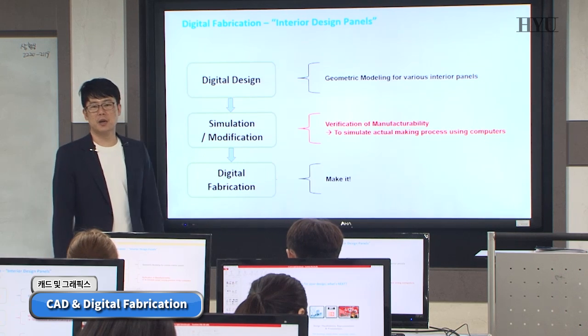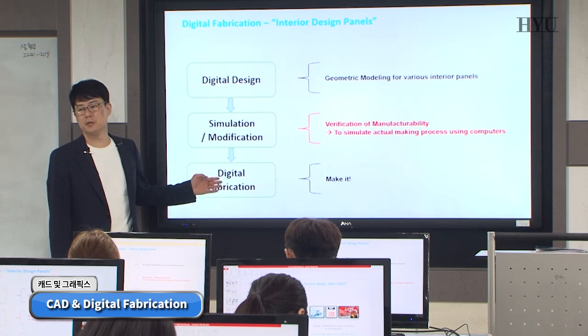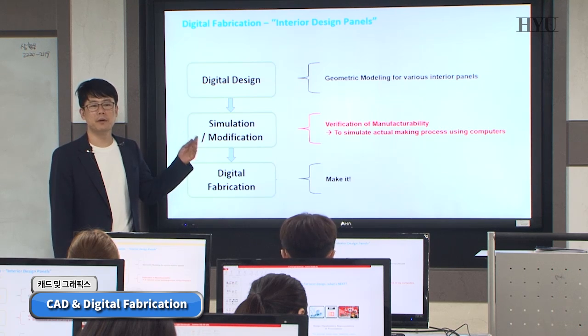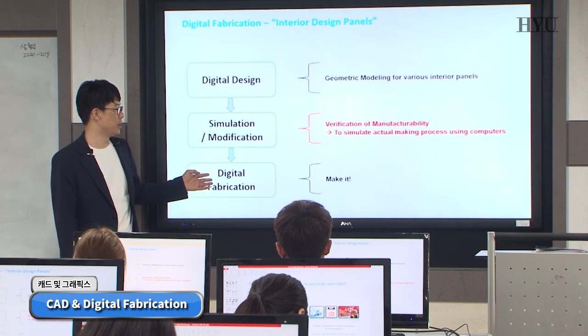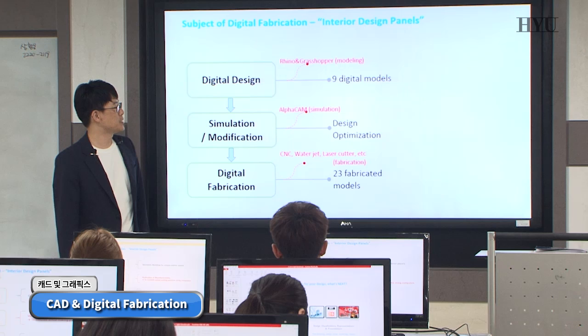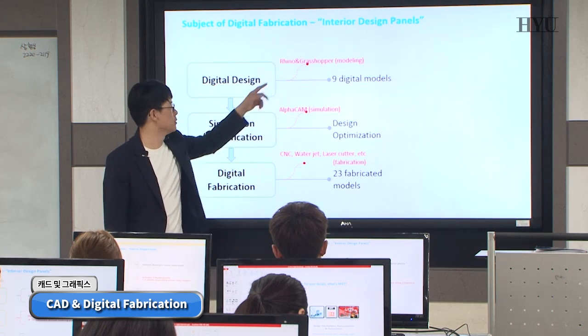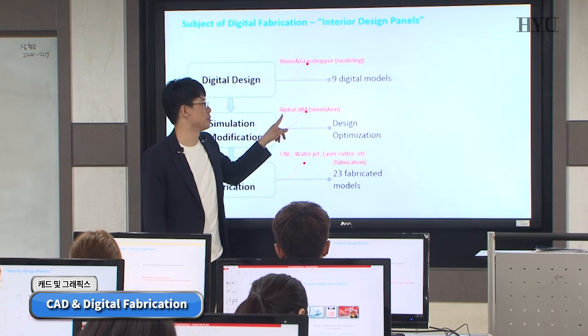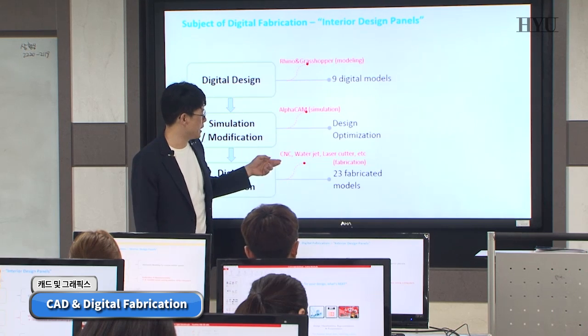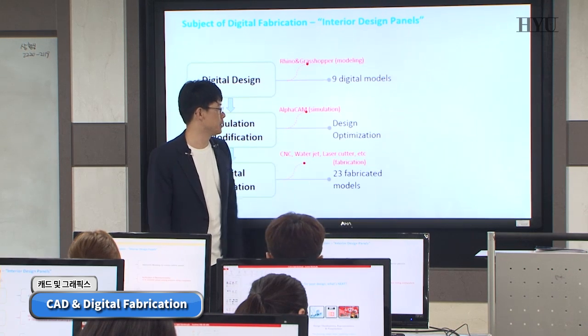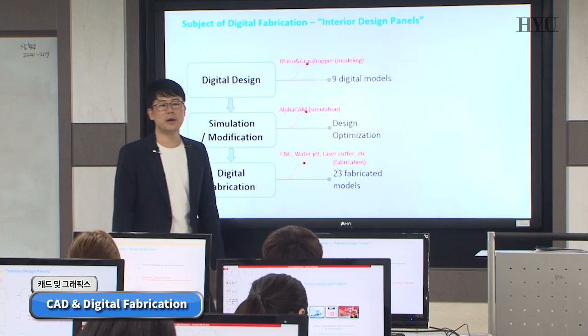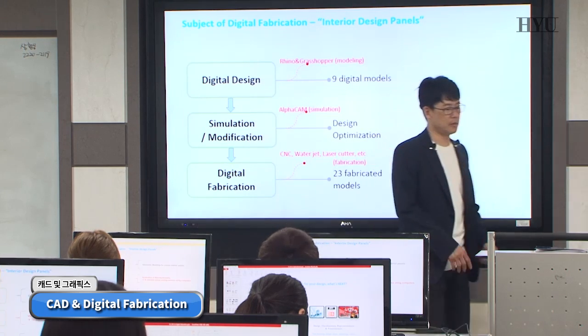The digital fabrication method is up to the fabrication device. So let's take a look. We used Rhino Grasshopper as a design tool and AlphaCam as a simulation tool, with a CNC, waterjet, laser cutter, and 3D printer as fabricating methods.